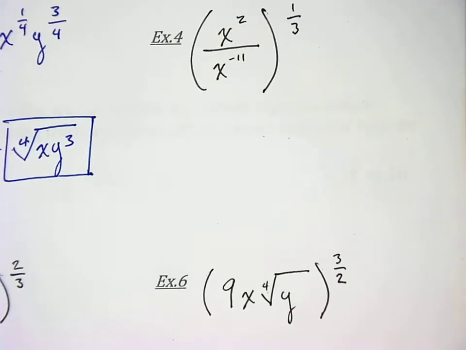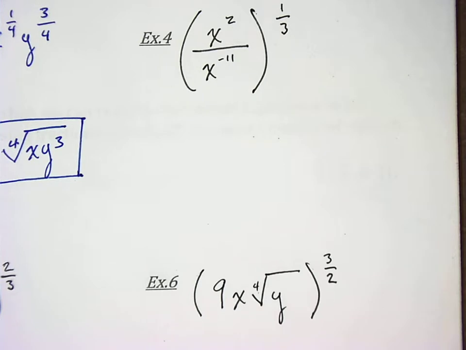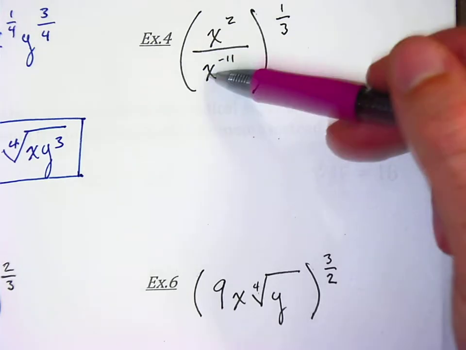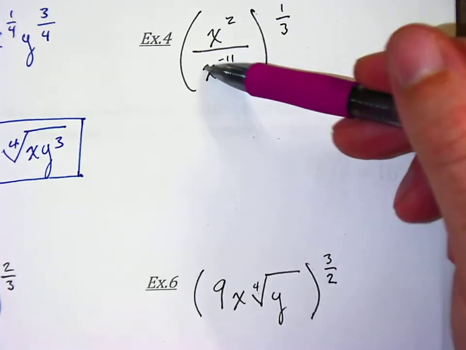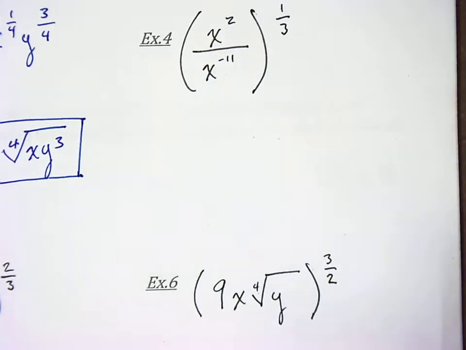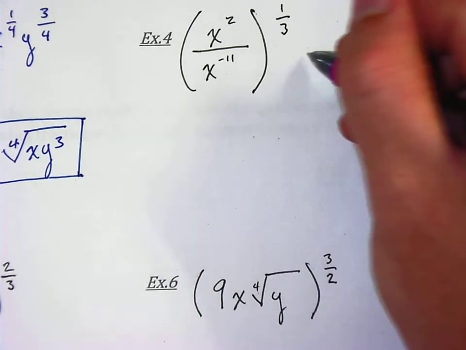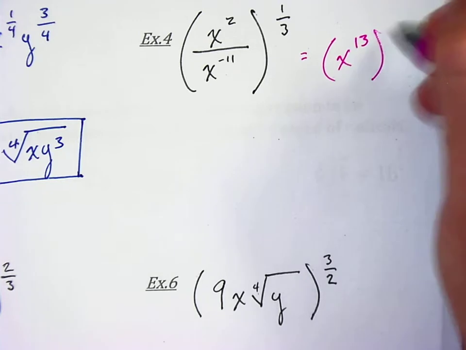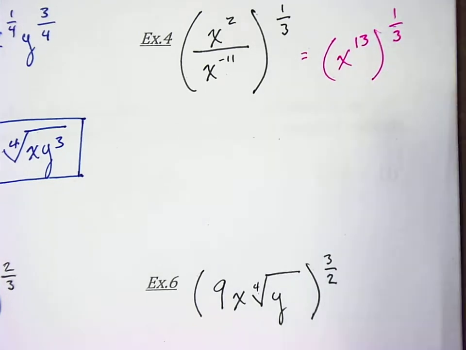Okay, same deal here as far as your first step. You could either use the quotient property since you've got the same base here, or you could just bring that up to the top. Either way, you're going to end up with x to the 13th power raised to the 1/3 power.